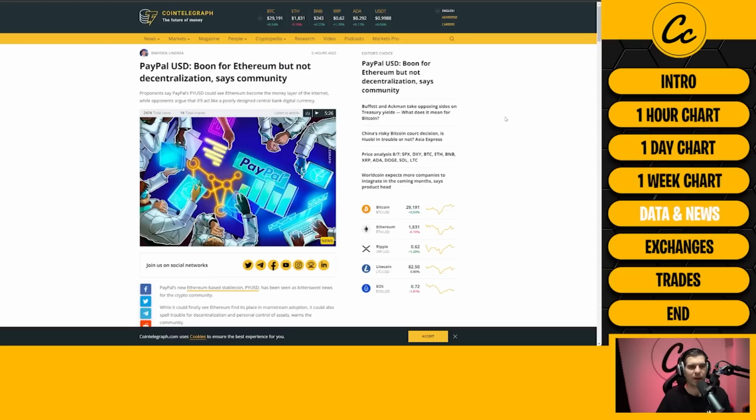We also saw PayPal launch their USD stablecoin. So a boon for Ethereum, but not decentralization, says the community. And I agree. I think this is basically PayPal rushing something out to market because they need to be front running.